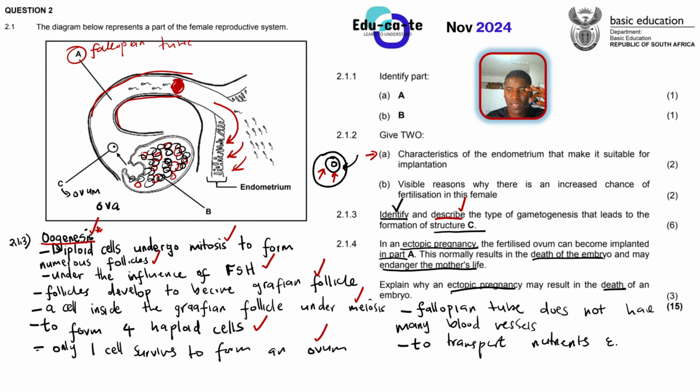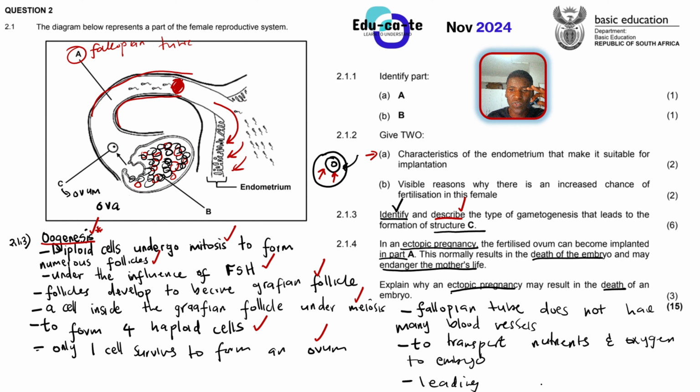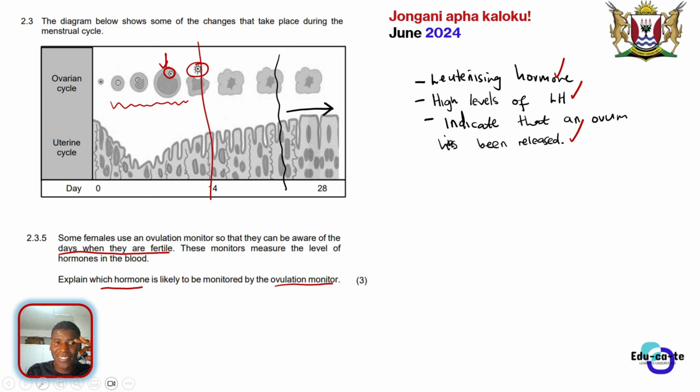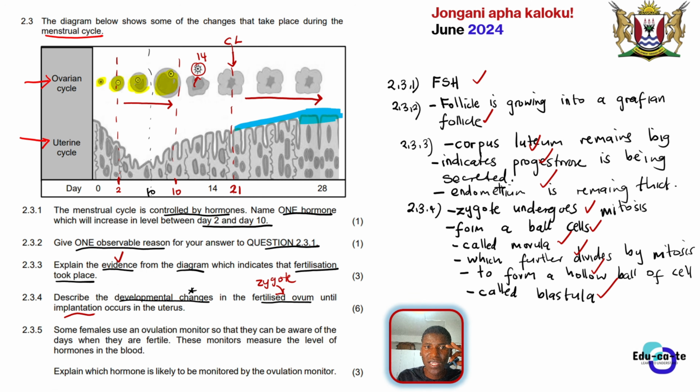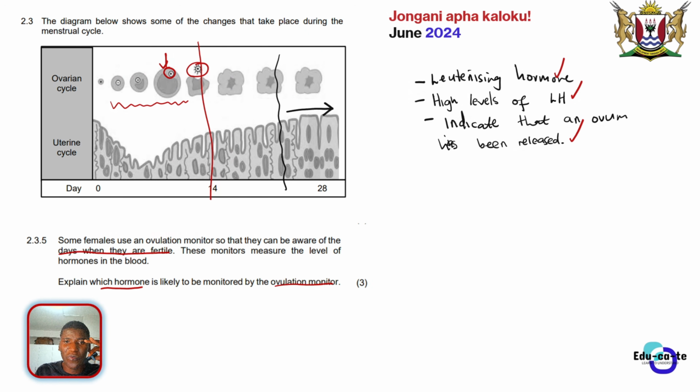To transport nutrients and oxygen to the embryo. So this will lead to the embryo's death. So that's why the embryo will not live. Basically the embryo will not be able to live.